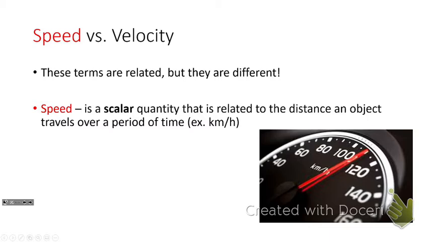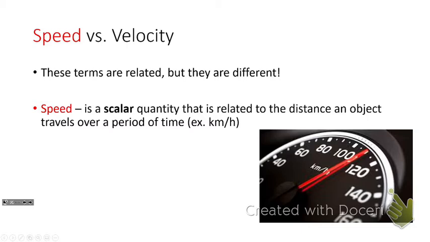Our units are going to be important in physics. Make sure you always include units with your answer, because obviously kilometers per hour is different than meters per second. Kilometers per hour is something you are probably most familiar with, between driving and just the way that things are measured. That's usually the most common one.